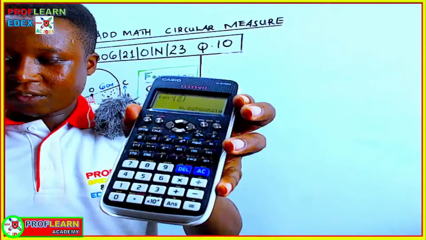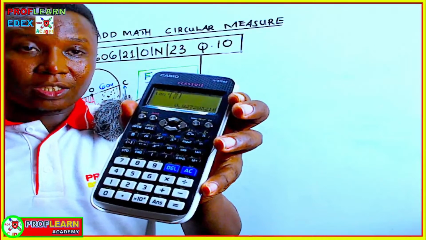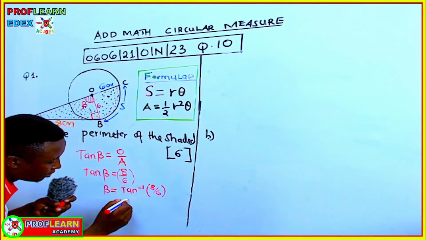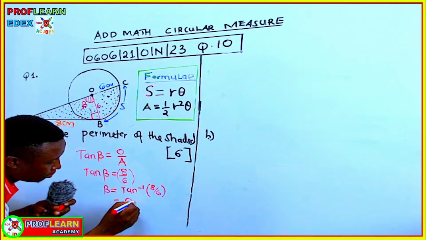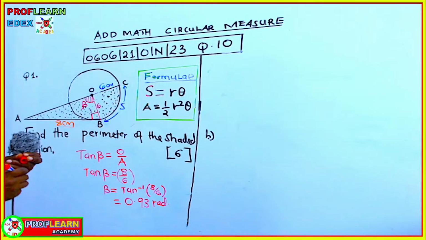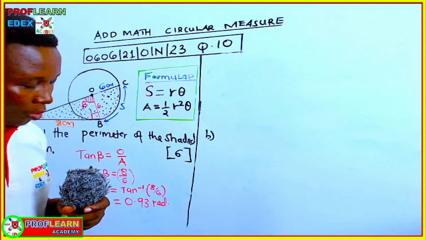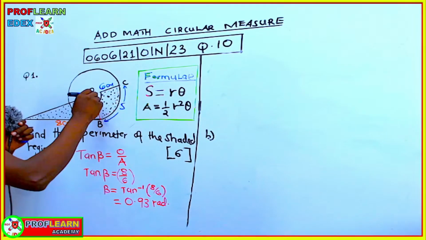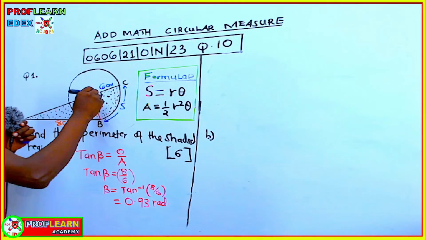This value is 0.93, so we are going to say this is 0.93 radians. Once we have this as 0.93, we can work out the value of this angle on this other side here.